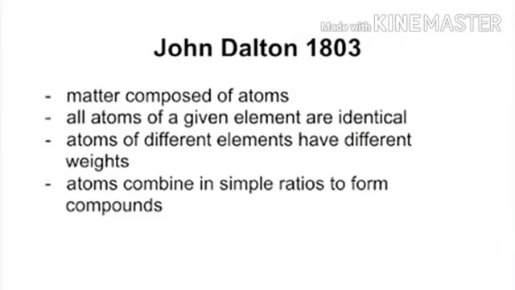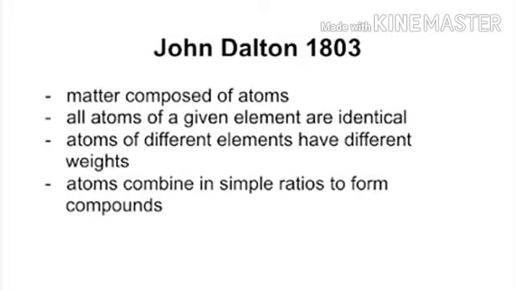In 1803, John Dalton said that matter is composed of atoms which are indivisible, that is, they cannot be divided further, and all the atoms of a given element are identical. For example, if you take the hydrogen atom, 1H1, 1H1, 1H1, all are identical.